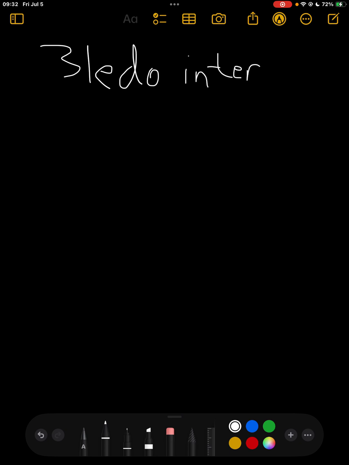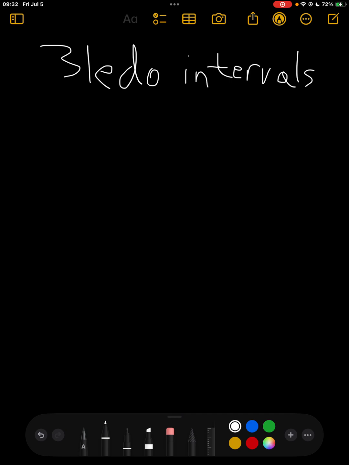This time we are talking about 31 EDO. 31 EDO is interesting because apparently it's very similar to meantone temperament, which I'm not actually that familiar with, so I can't say for sure. But let's get started. 31 EDO has, as the name implies, 31 intervals. We're not going to count the perfect unison this time.